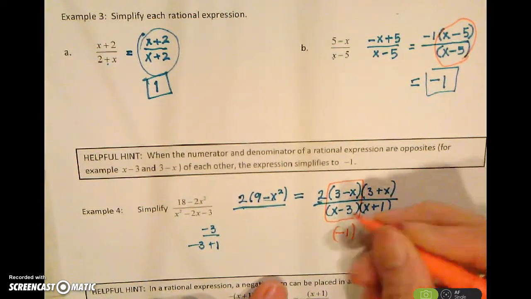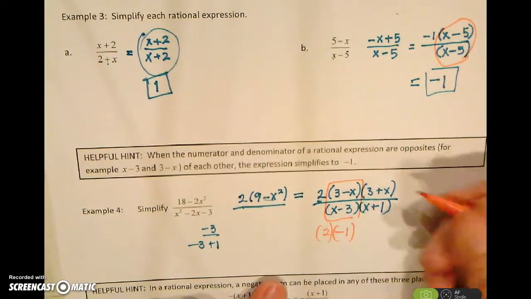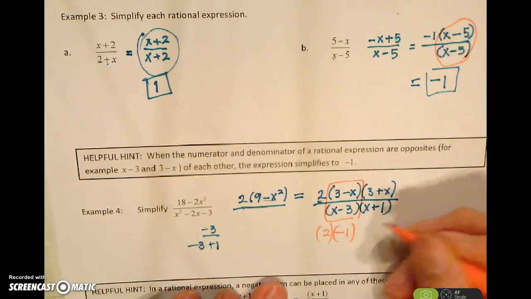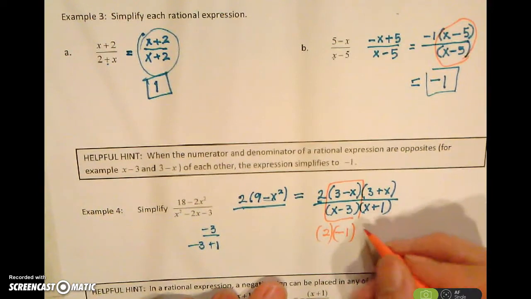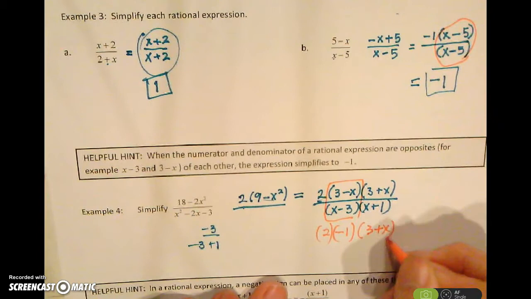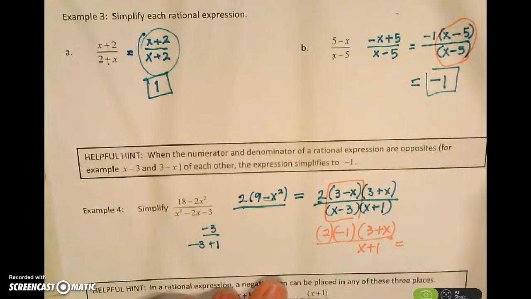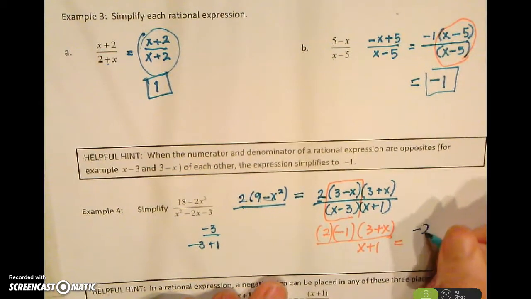So I have a negative 1 there, a 2 here, and then I have the 3 plus x over x plus 1. So this is going to reduce to be negative 2.